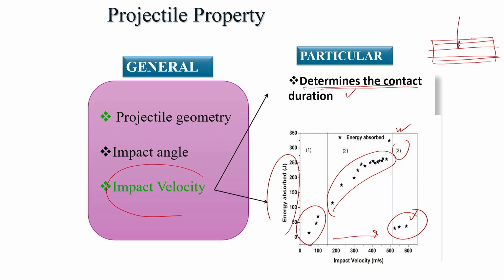In that case the contact duration is increased and energy absorption will also increase. So, at level 3, we have to use the multi-layer fabric, and if we increase the number of layers, then the energy absorption will be high.